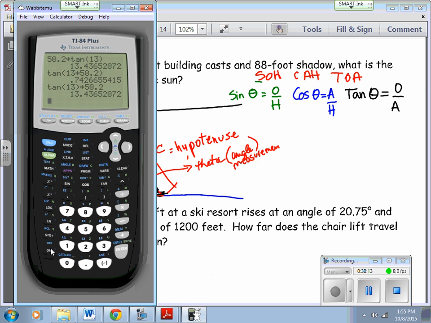The graphing part of it you won't need yet, but the scientific part of it that has degrees is what we're going to use. Now, one of the things that I want to teach you is how to check that you're in the correct mode. If you're not in the correct mode, it's going to cause errors in your answers.